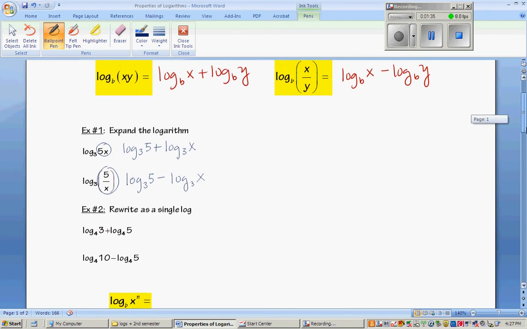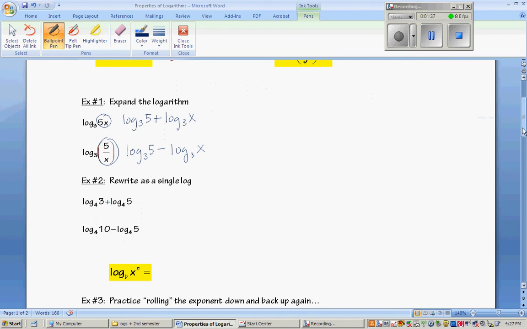It can also ask you to write it as a single argument or a single log. So now we're going to combine it. Where we see this plus symbol and this minus symbol, we're going to remember which one is multiplication and which one is division, and we're going to combine these. Again, hit pause, try them out, and see how it goes.